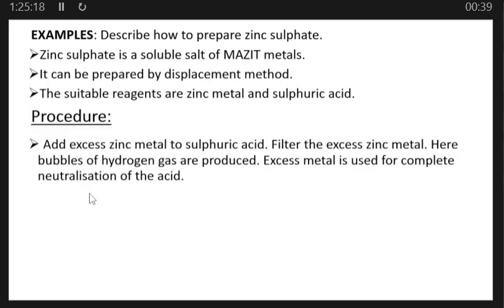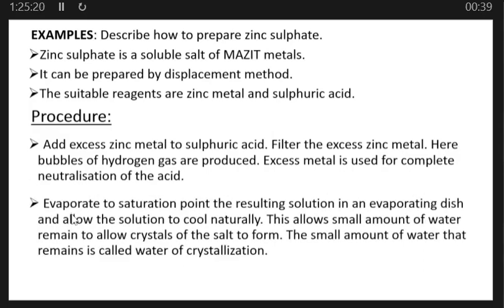Then next is evaporate to saturation point the resulting solution in an evaporating dish and allow the solution to cool naturally. This is basically the same as what we did before. After you filter off the excess, the resulting solution is now zinc sulfate, because the gas bubbles off.